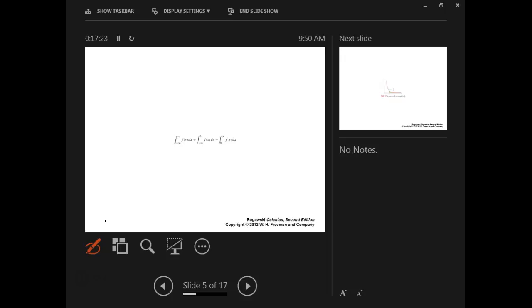So here's what example 1 is. Find the integral of x cubed times the square root of 1 plus x squared dx. What would you recommend on this one?